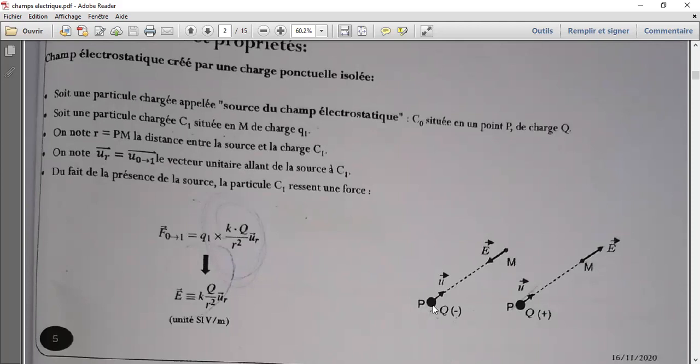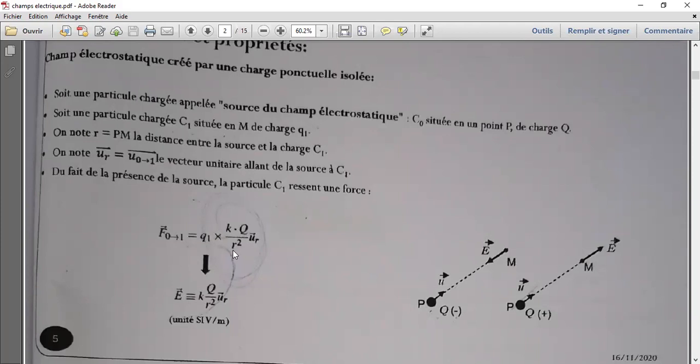When I'm talking about the source, as I said earlier, it is where it begins. They have told us that the source of the electric field is at P, which means that it's P which is transferring the force, or P which is causing the force on point M. So P is the source, and they have said that its charge is the capital Q. So for me to calculate its electric field, I just have to write the formula, which is similar to the formula for force, but I'm going to remove Q1.